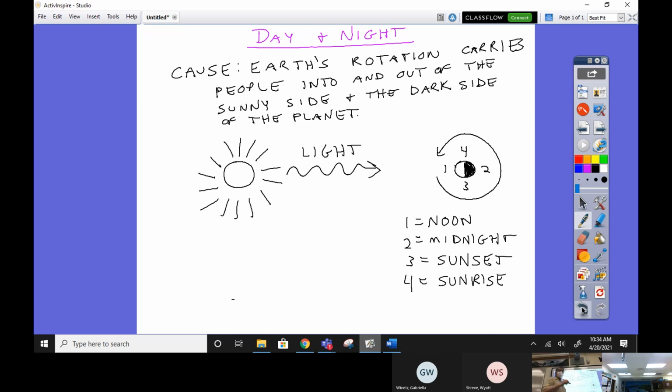So as we're spinning around every day, we get carried into our own planet's shadow. And then we get spun around out of the shadow into the sunny side again, huh? And this takes every 24 hours today, right? In the past, like I said, it was faster. But just like if you were to spin a top, it ends up slowing down, doesn't it, over time? It loses momentum.